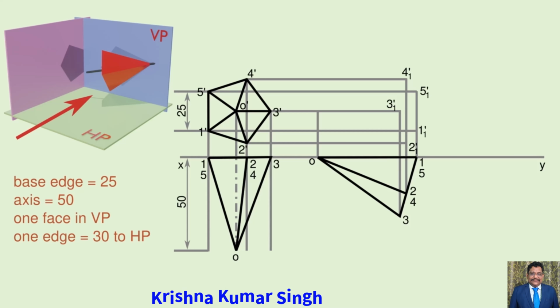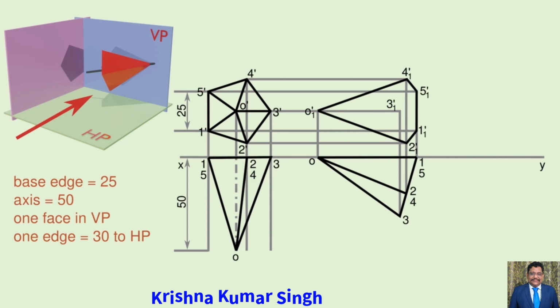Give nomenclature to the front view of step 2 as per the top view of step 2 and the front view of step 1. Like the point where the construction lines of O' from the step 1 front view and O from the step 2 top view intersect, give that point the name O1'. Similarly, other points can be obtained.